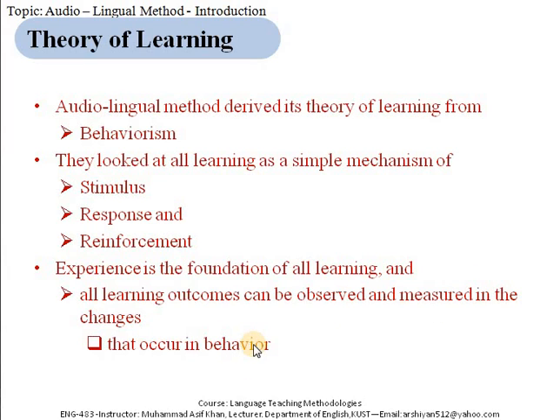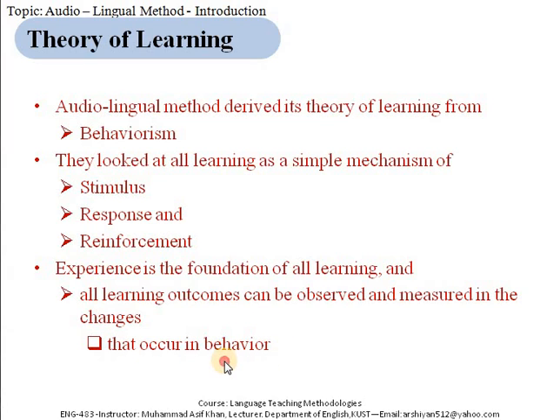As I told you in the language theory, they are basically of the positivist approach. Here I am telling you that the behaviorists observe and measure the learning process by judging the changes that occur in behavior.